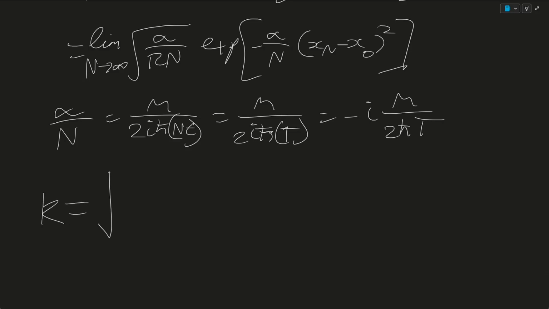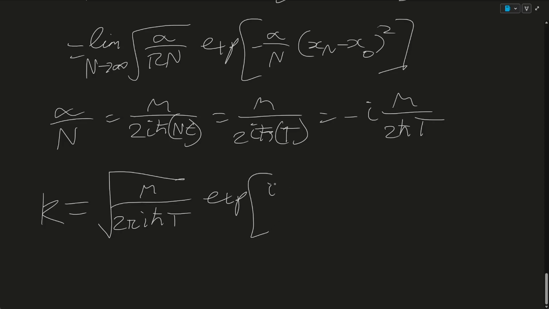Thus k is equal to square root of m over 2 pi I h bar t, exponent of I m, not imaginary, I, no, I want I at the beginning though, I m xf minus xi squared over 2 h bar t.